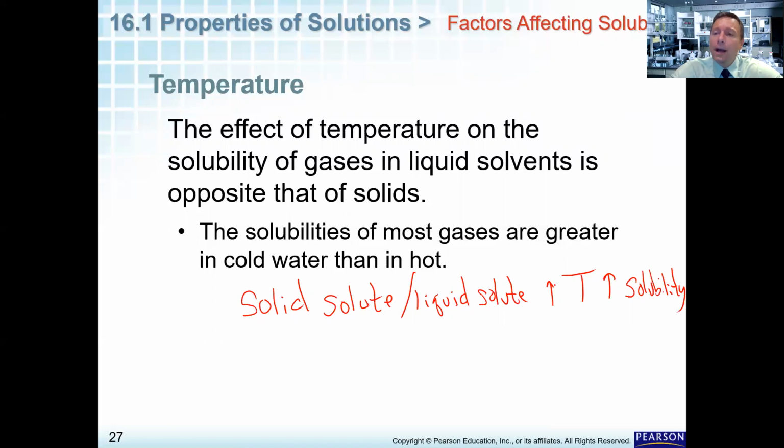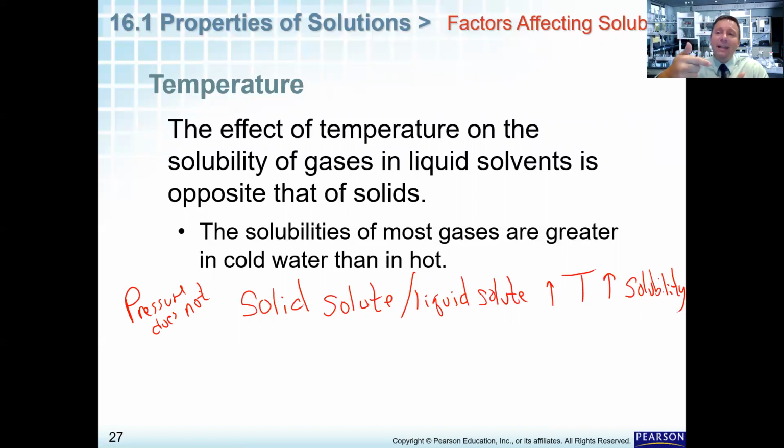Now, when you talk about a gas, well, let me back up here a second. Solid solute and liquid solute, the temperature affects the solubility. Pressure does not. Pressure does not affect the solubility of a liquid or solid. Think about why. The pressure you'd be applying would be above the liquid.